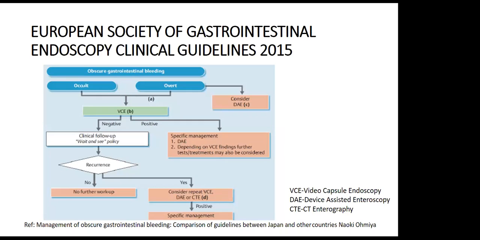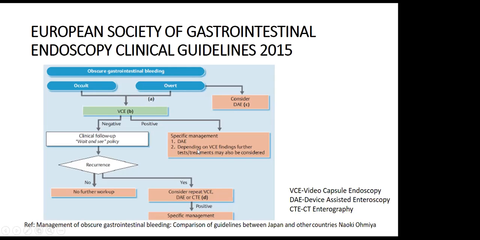According to the European Society of Gastrointestinal Endoscopy clinical guidelines, it suggests performing video capsule endoscopy for both occult and overt bleeding, and if the results are positive, specific management has to be done, like device assisted enteroscopy, or we may consider other treatment based on the VCE findings.